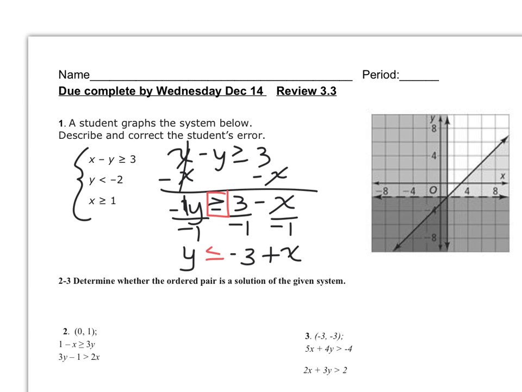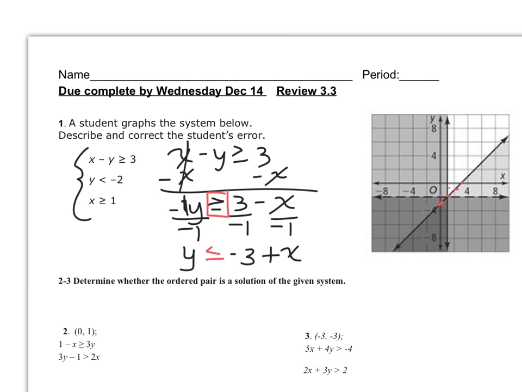So if I graph this, I'm going to go to the y-axis at negative 3. Okay, so far so good. And my slope is positive 1, so I'm going to go up 1 over 1, up 1 over 1, up 1 over 1. So my line looks pretty. It looks like all the points are where they're supposed to be, right?